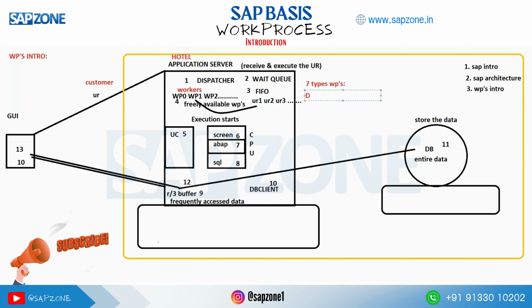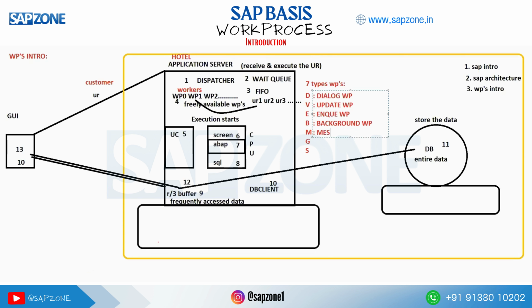Please make a note: D, V, E, B, M, S, G. D for Dialog work process, V for update work process, E for enqueue work process, B for background, M for message server, G for gateway, S for spool. Total 7 types of work process we have in the system.